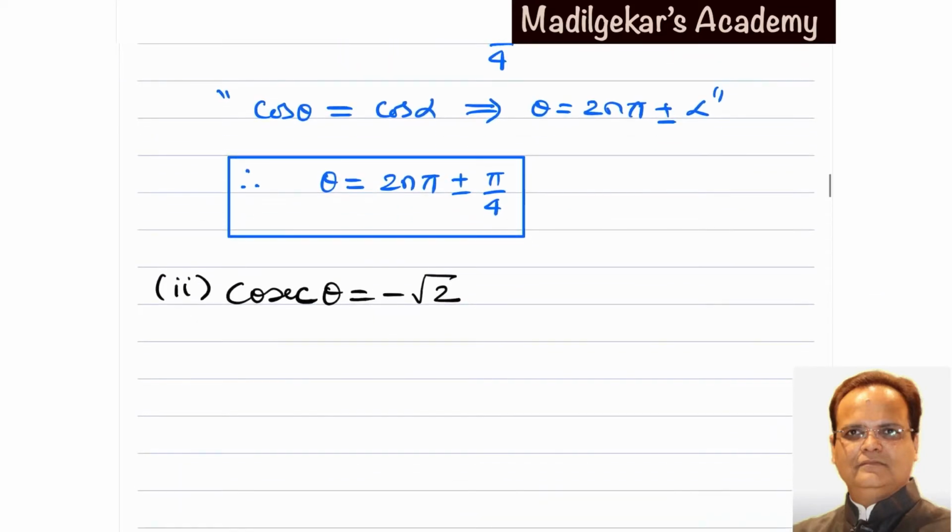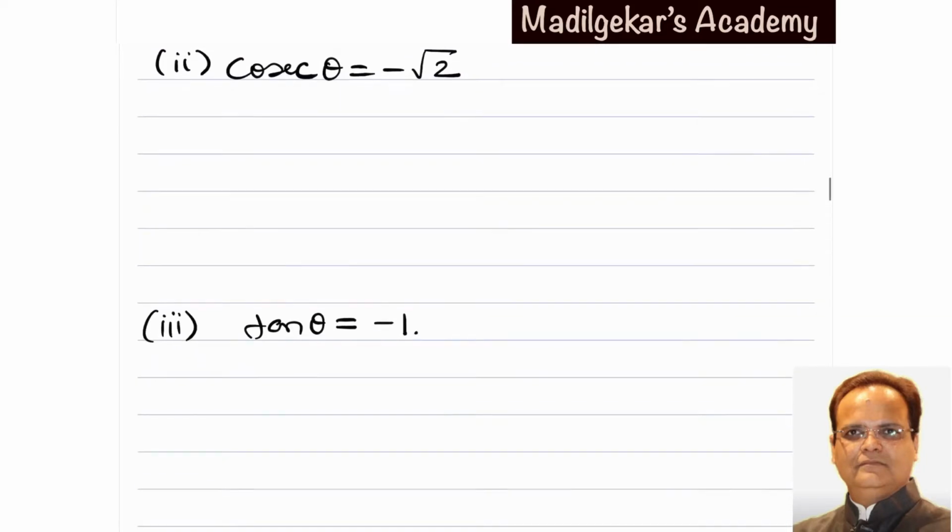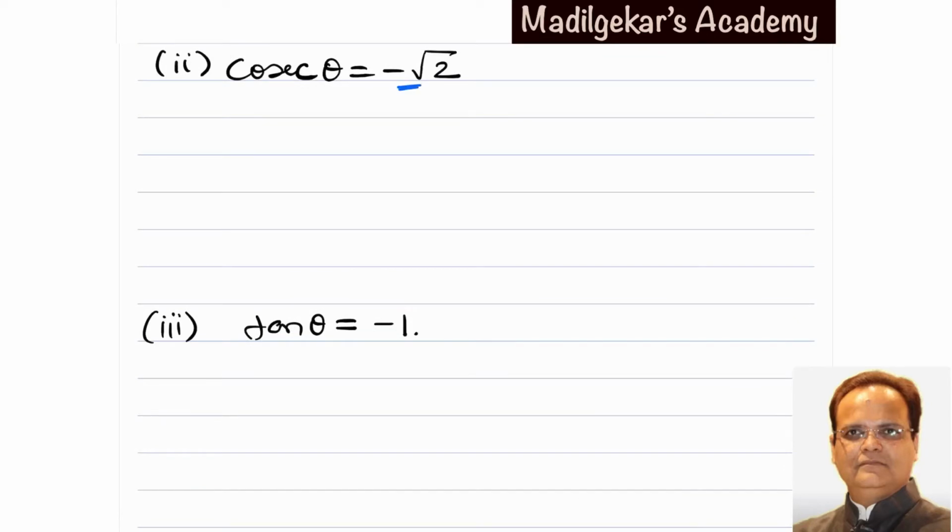Next, in the second bit, as you can see, the value is negative. In the first step, we'll convert cosec into sine. So it will be minus 1 by root 2. Sine theta is minus sine of pi by 4.